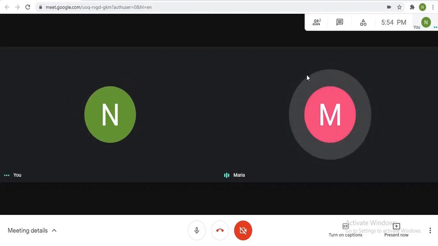Nivesh, are you aware of joins in database management system? Yes, ma'am. I'm aware of joins in database management system. So now tell me, what do you mean by cross join? Cross join is also known as Cartesian product of two relation tables.